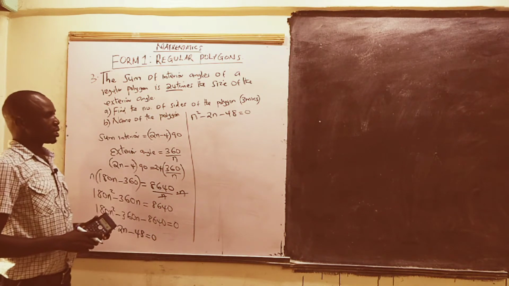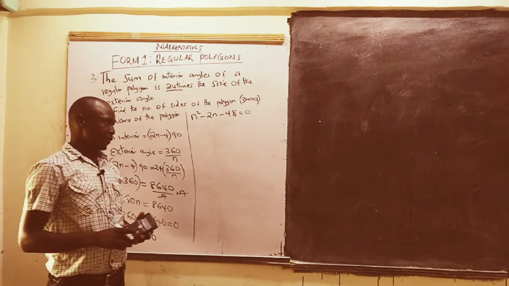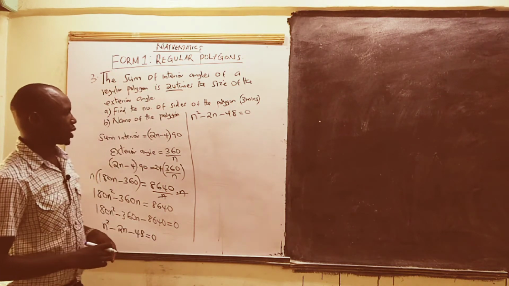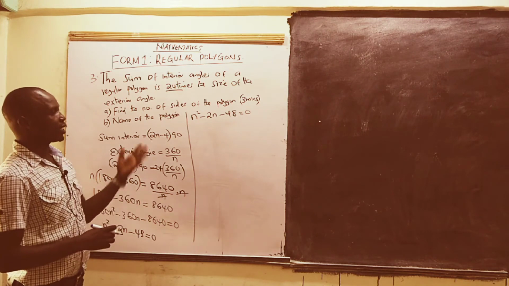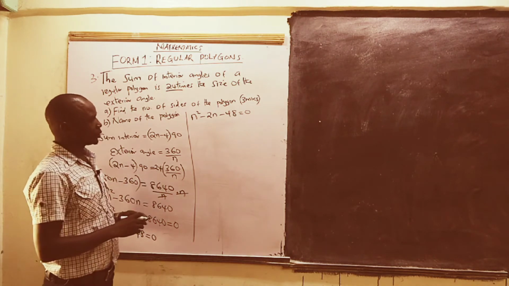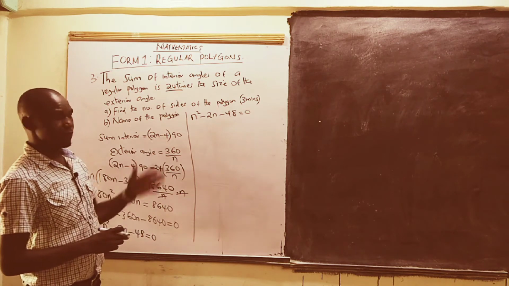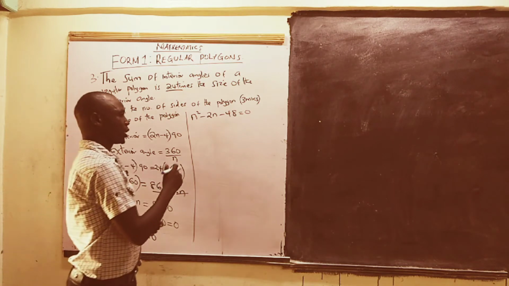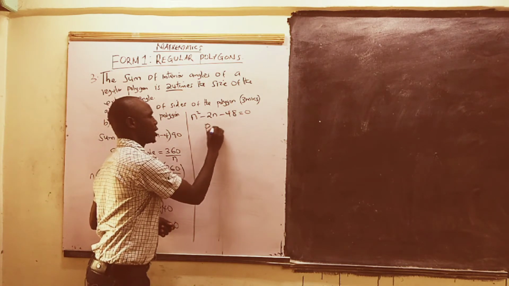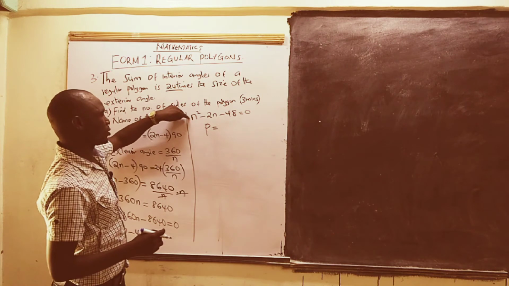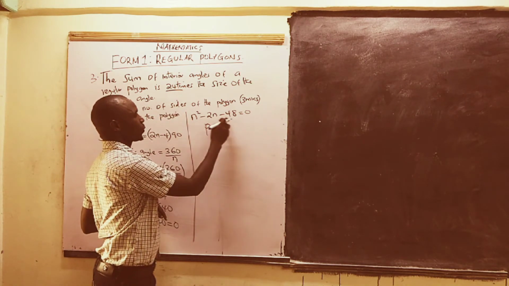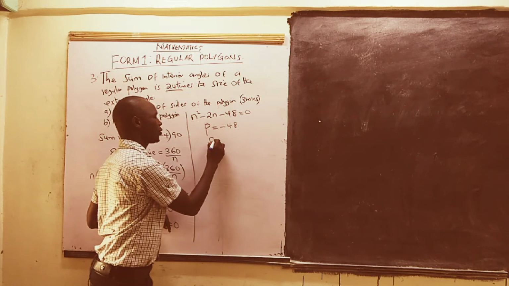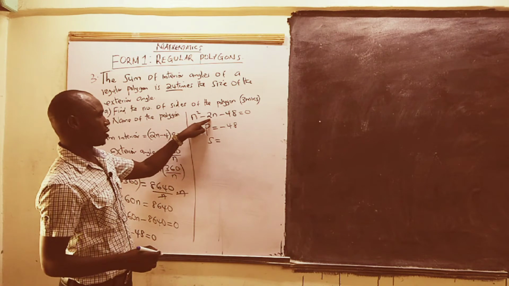We can use either the quadratic formula method, completing the square method, we can use factorization and even graphical methods to work out this question, but I prefer we use factorization. Under factorization, we are going to use the product-sum method, and our product is going to be equal to the coefficient of n squared, which is 1, multiplied by our constant c, to give us minus 48, and for the sum, it is always equal to the coefficient of b.